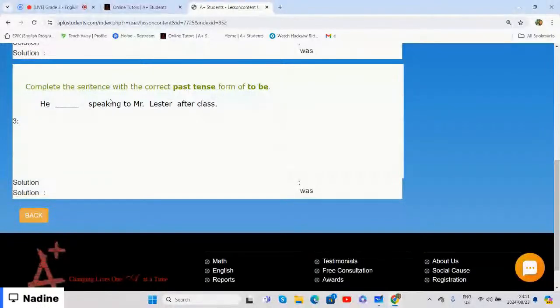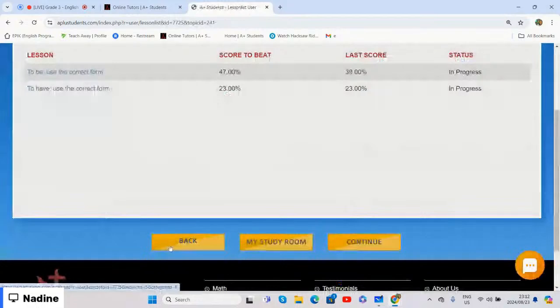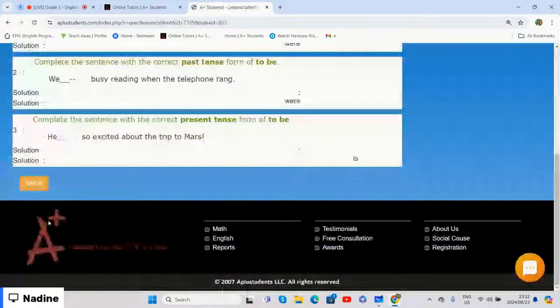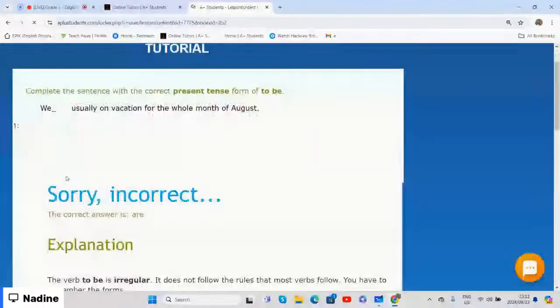In the past, right? If one person or thing is doing something, we will say, for example, he, she, it was, or if we refer to more than one person, then we say they were, right?